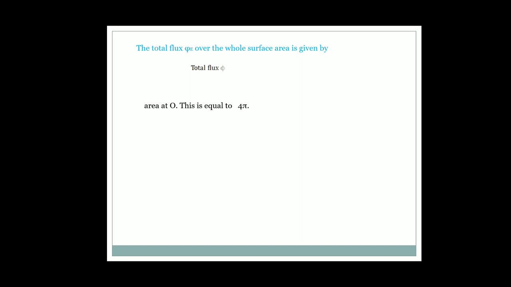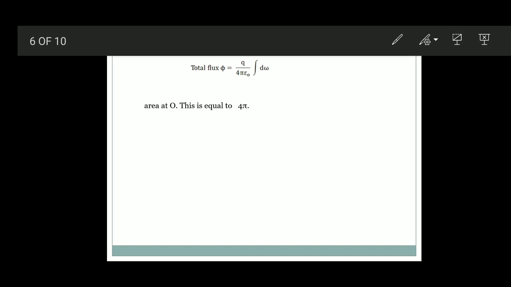The total flux over the whole surface area is given by phi equal to the integration of q by 4 pi epsilon naught into d omega, so phi is equal to q by 4 pi epsilon naught into the integral of d omega. What is the integral of d omega? It is the total solid angle at the point O. How much is the total solid angle by the closed surface at point O? That is equal to 4 pi.